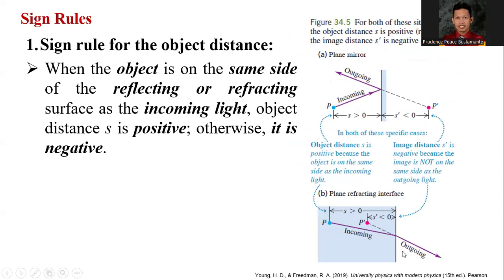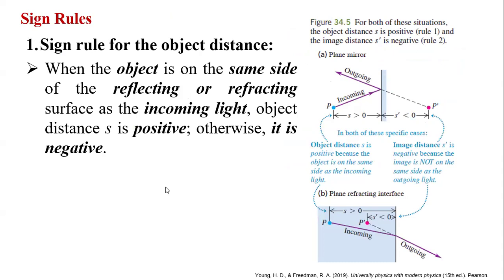So we need to first construct the sign rules. For the determination of the signs of the object distance or the image distance, we note that when an object is on the same side of the reflecting or refracting surface as the incoming light, the object distance is positive.